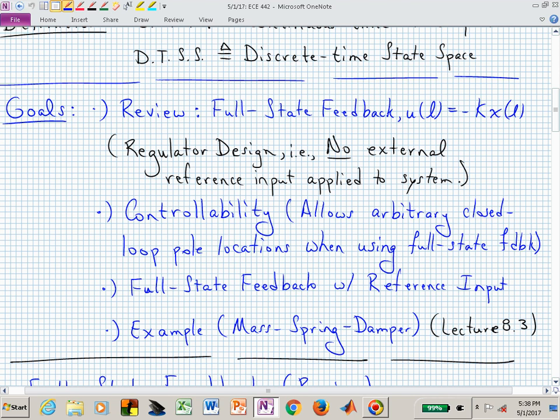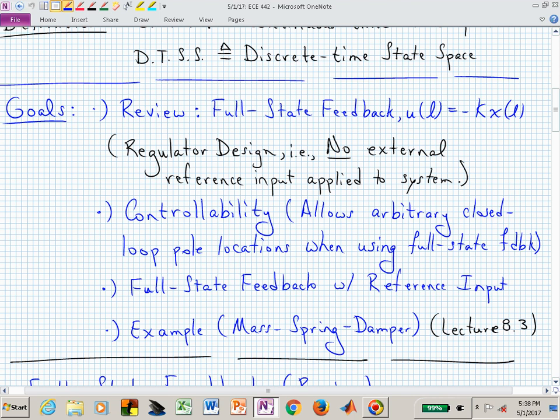That's the mass spring damper system. And next time, I think what we will talk about is augmenting this full state feedback design to allow us to put in an integrator so that we do not have to be so concerned about exactly modeling or matching the true system's model or representation with our model of the system.